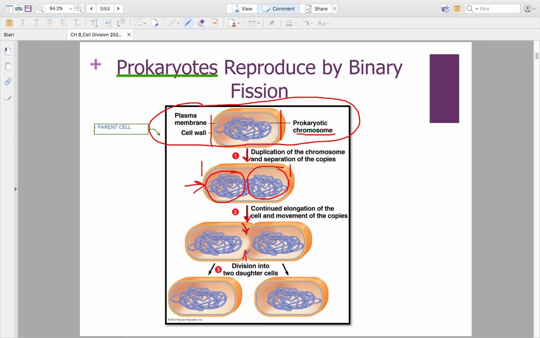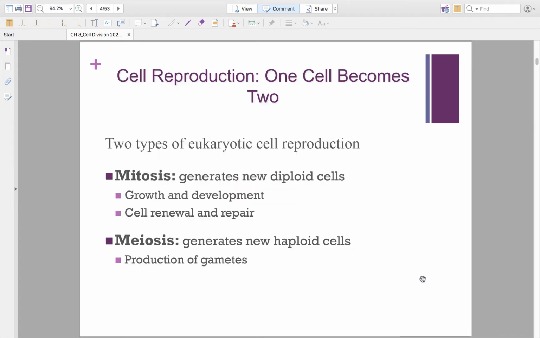It's starting to divide, and this will keep happening, and it'll get closer and closer until we have split the cell in half, and we have 2 genetically identical daughter cells. Now that terminology is really important. 2 genetically identical daughter cells. All right, very good.